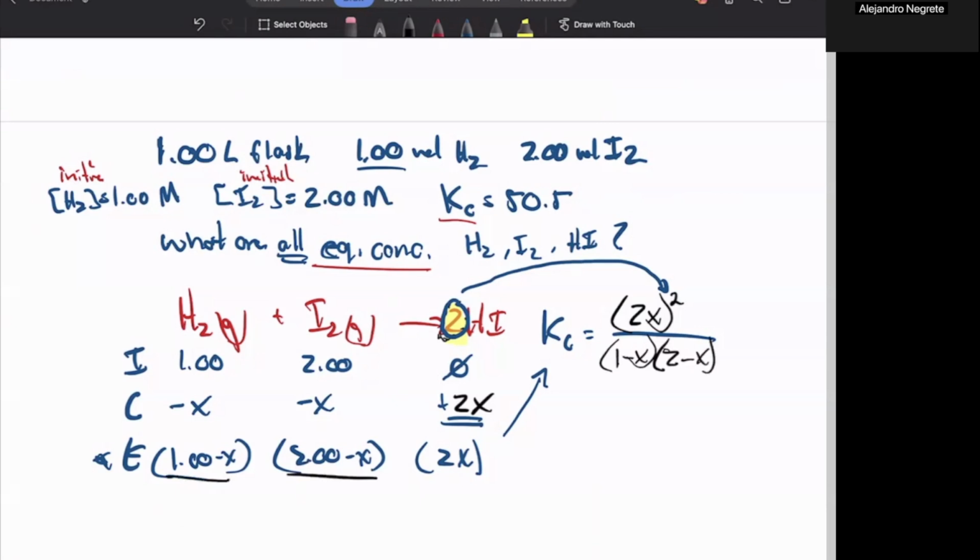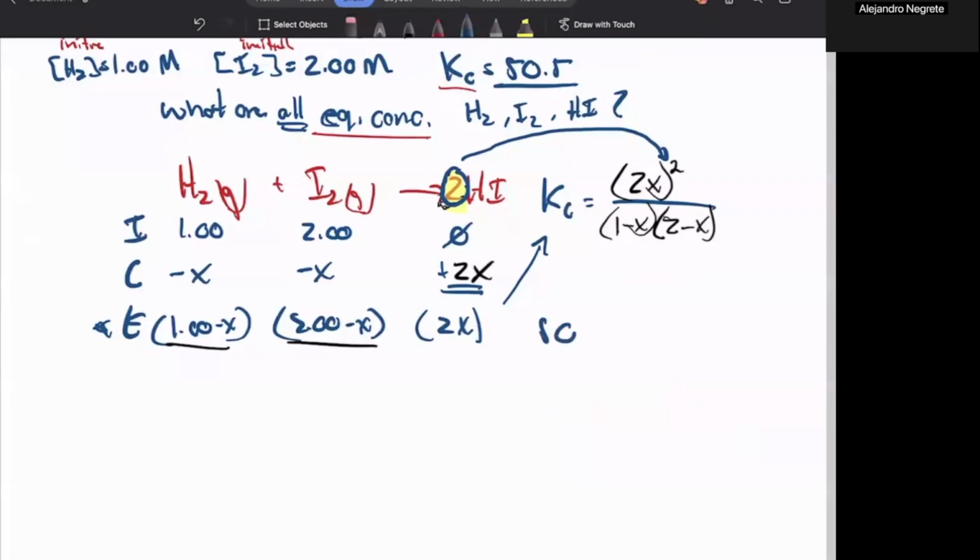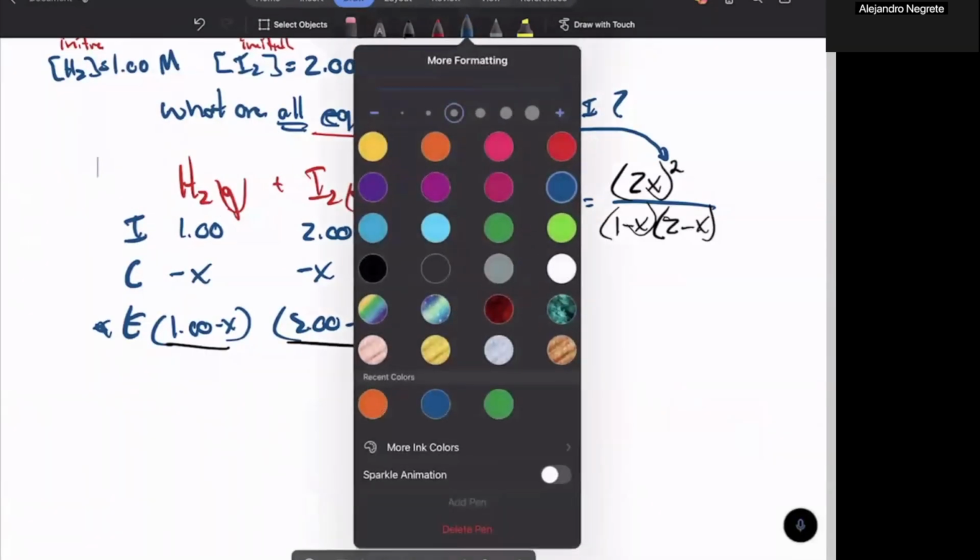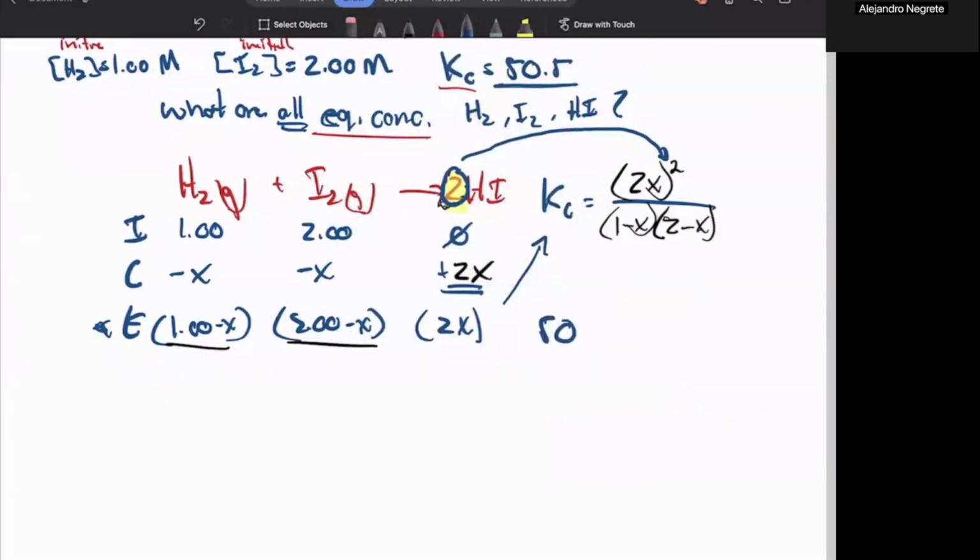I'm not going to simplify this. You're all able to do some algebra, and I end up with 50.5. That's what K sub C is, and then I ended up with 2x squared over x squared minus 3x plus 2.